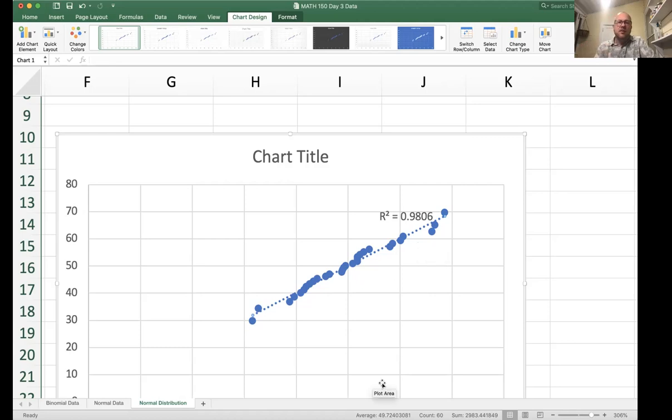For that R squared number that we turned up there, to say that this is not close to a straight line, that R squared value needs to be small. I didn't give a good answer, did I? Sorry.